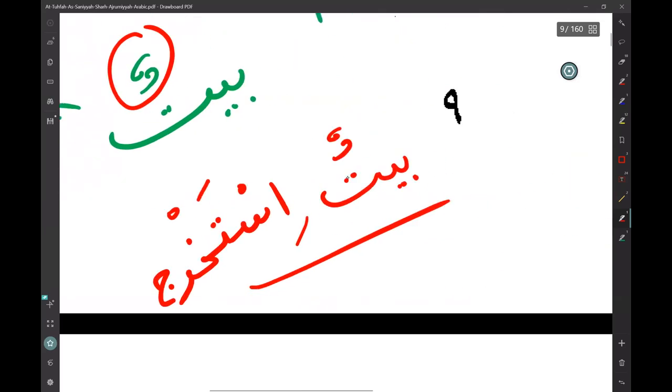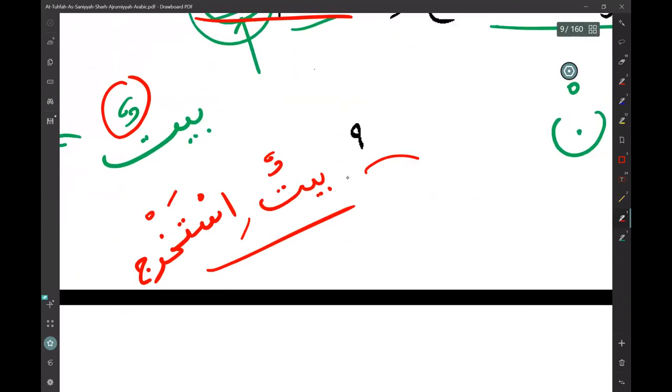So now this is the math you have to do in your mind, but they write it down in the mushaf. In the math, you have to extract the noon first of all. So you have baitun. That's what we have. Then we have hamzatul wasl, whatever it is. I'm not worried about that.